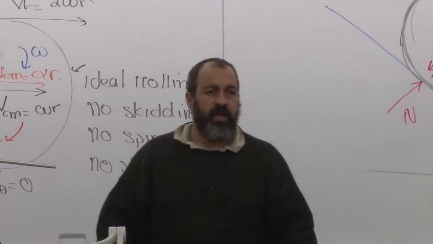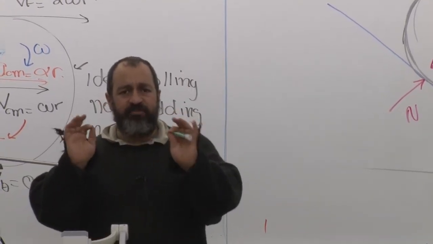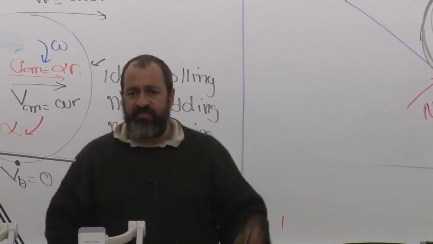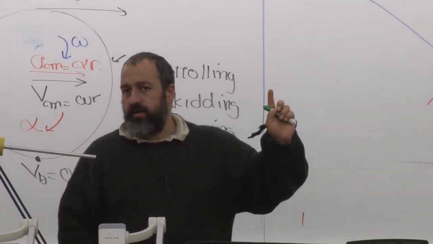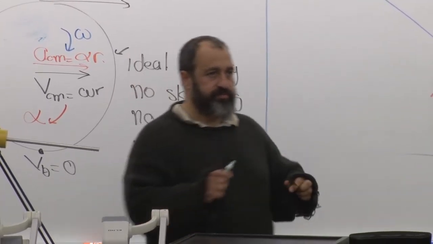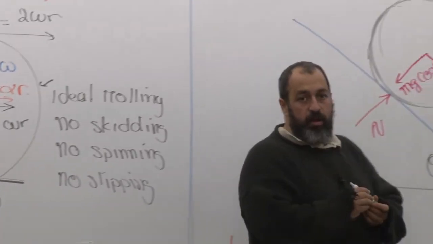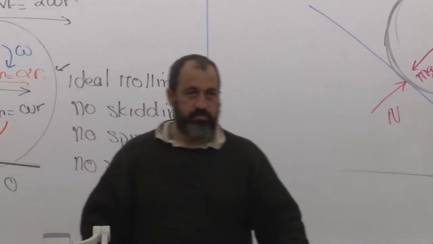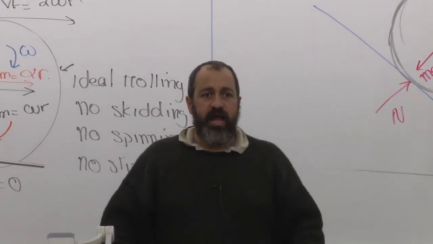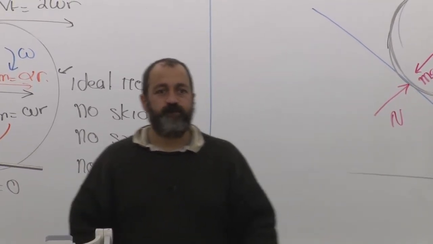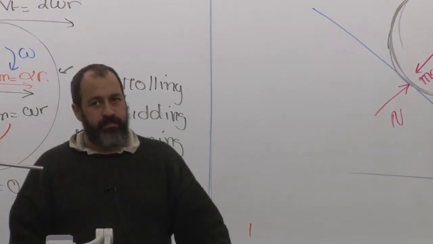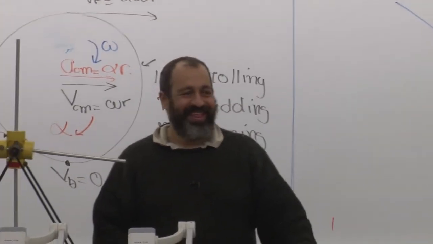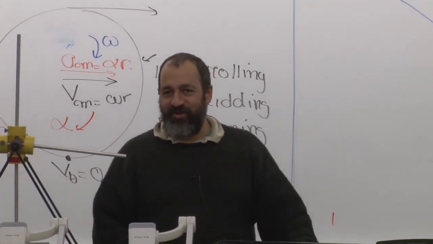Guys, can you think of why it has to be absolutely one way and not the other for this object? Otherwise, it's going to roll. If it was going down, why would it roll? I need physics proof.